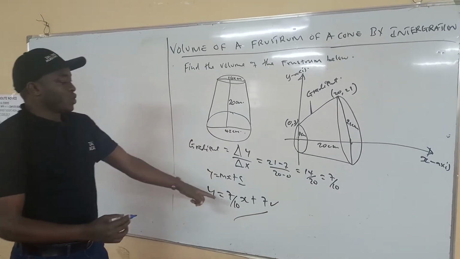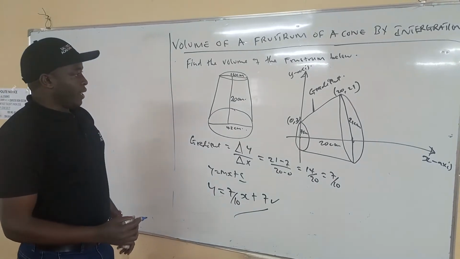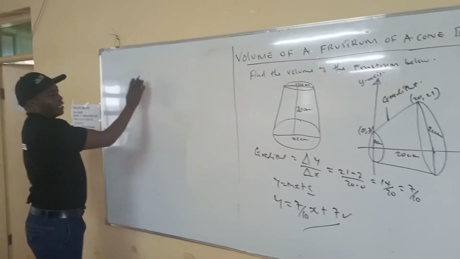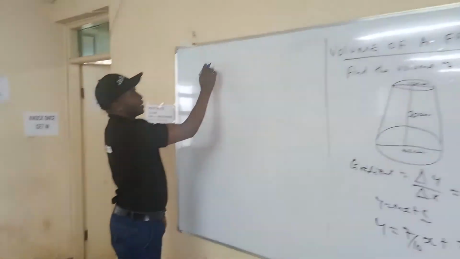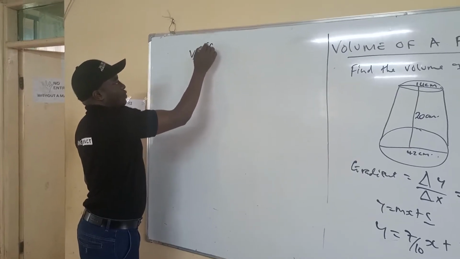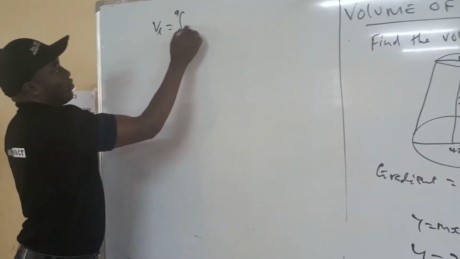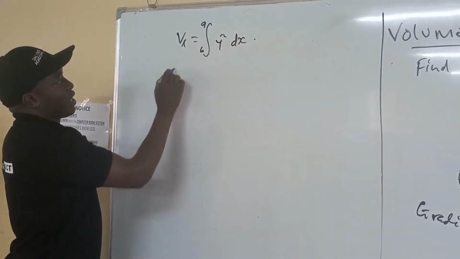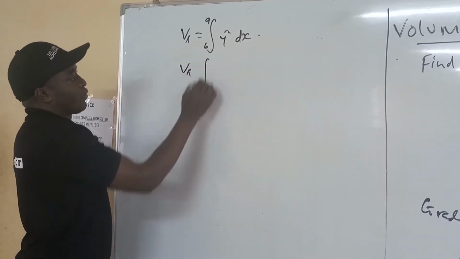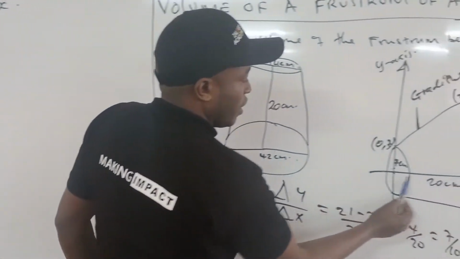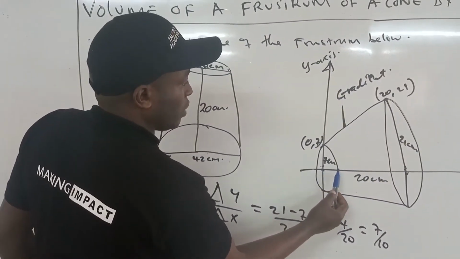If we have the equation, we go further and use this formula to find the volume. We say that Vx equals the integral from a to b of y squared dx.